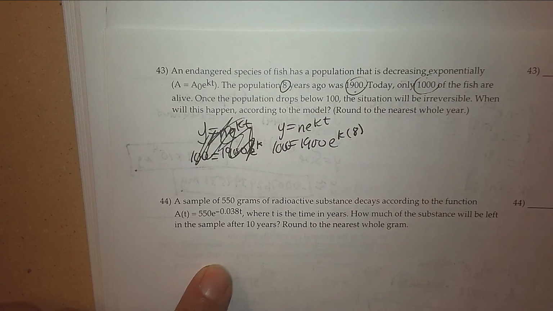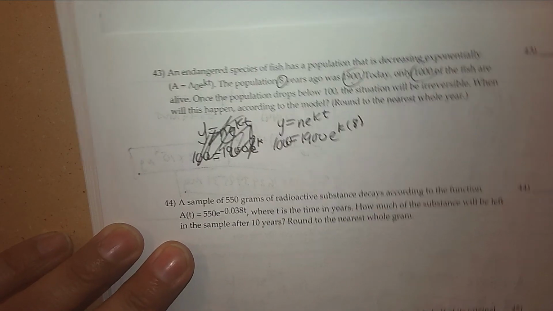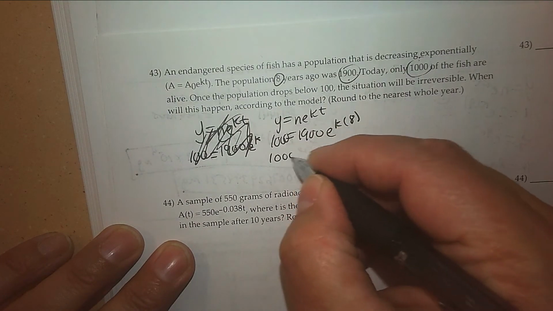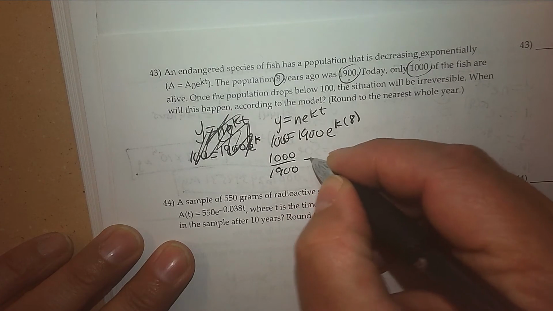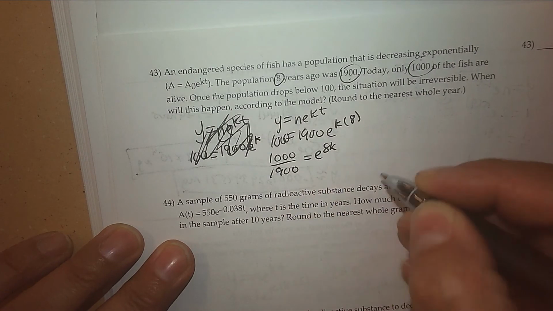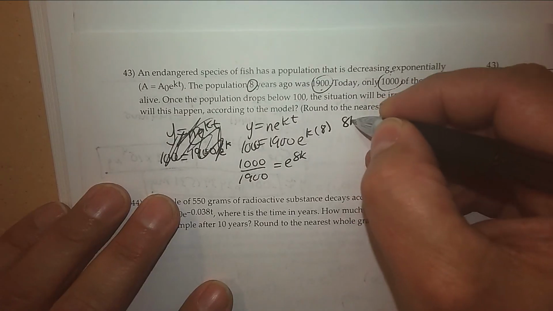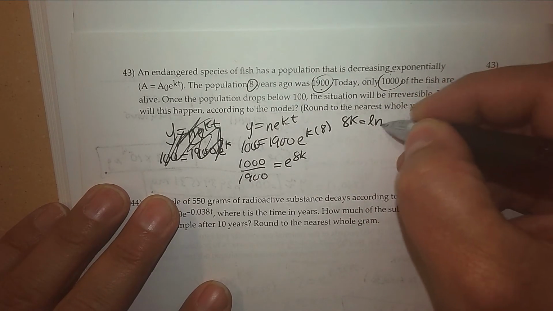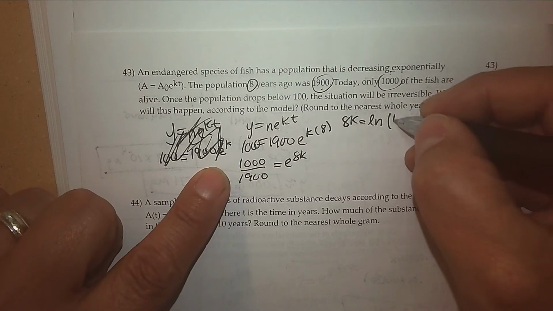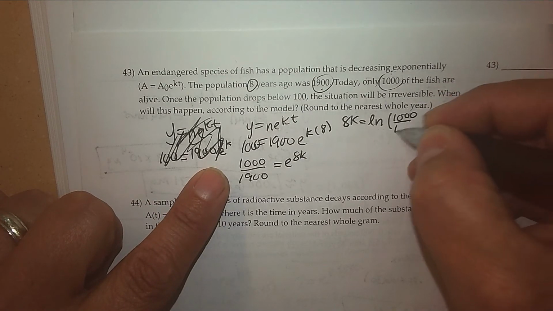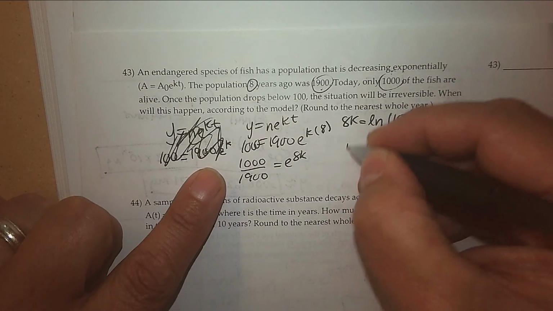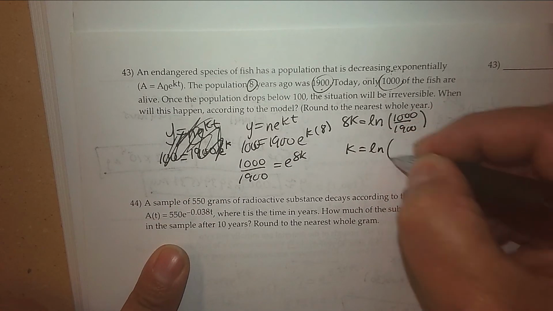So now we're going to solve for k, the decay rate. So first we're going to divide by 1,900. We're going to solve for k by writing it as a logarithm. So 8k is equal to the natural ln of 1,000 divided by 1,900. And then the last step is we're going to divide by 8.